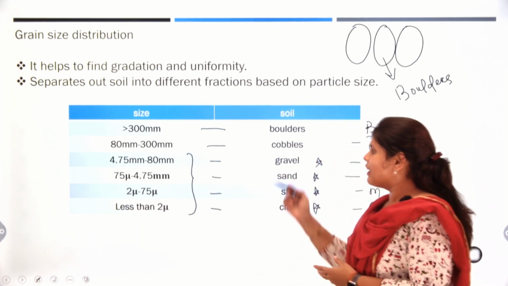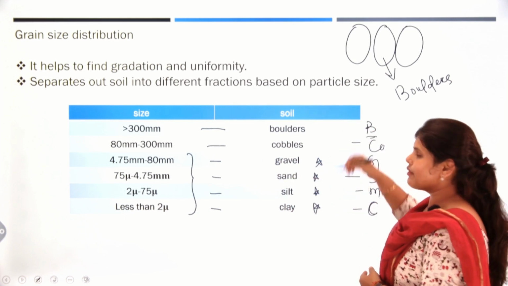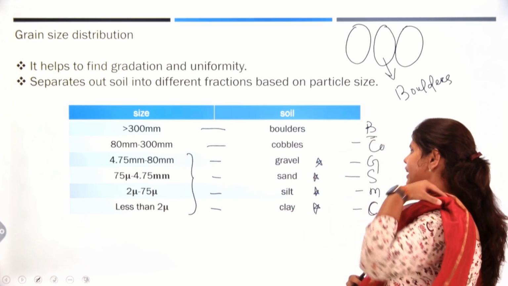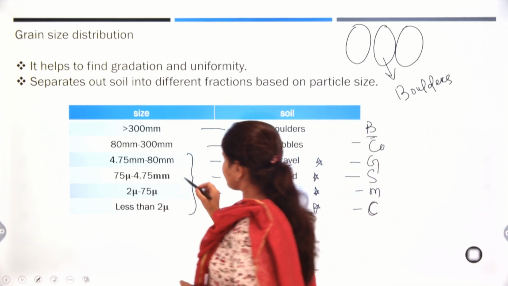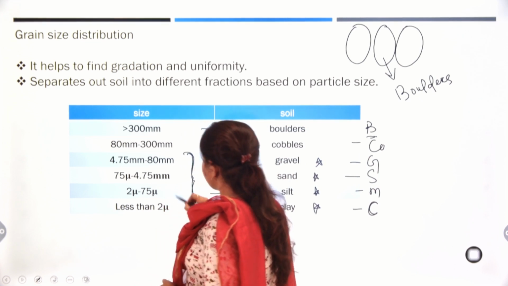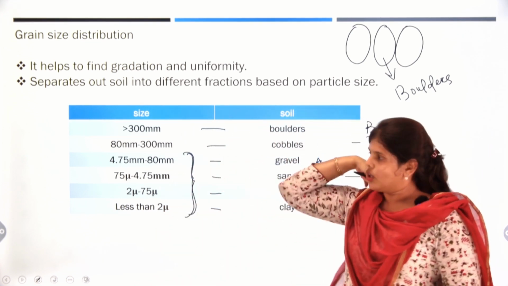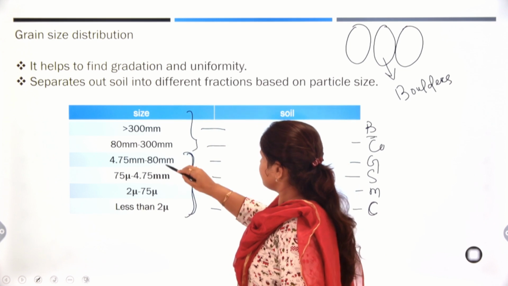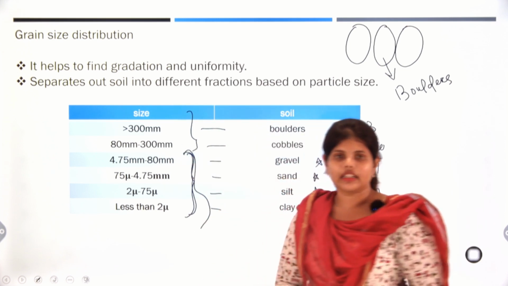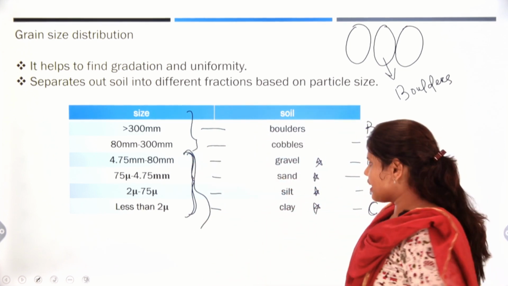By this size we differentiate their names. We need to remember these four mainly. The others are also necessary, but these four are very important. So next.